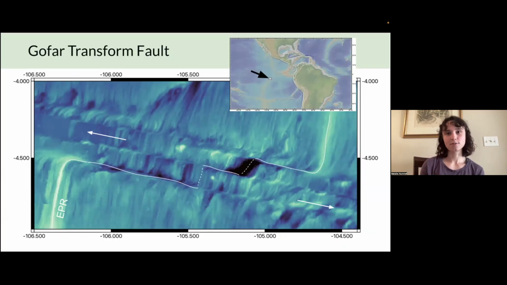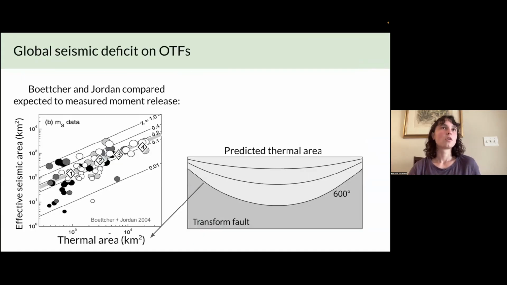There's been a lot of research here to understand the behavior of transform faults in general. So one interesting feature of oceanic transform faults is that they tend to have relatively low coupling. This is an image from a 2004 study where they took all of the global oceanic transform faults and predicted essentially the area on each fault that's cold enough to rupture seismically, above the brittle-ductile transition.